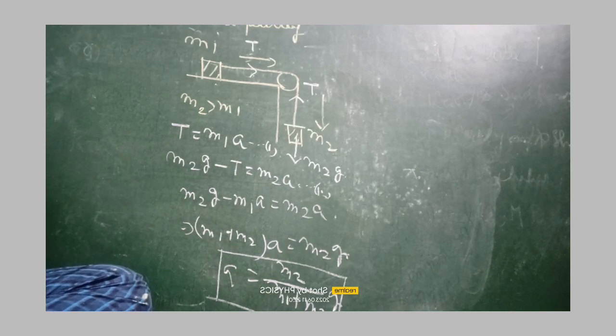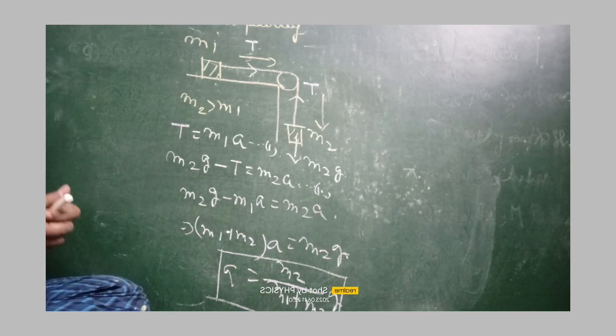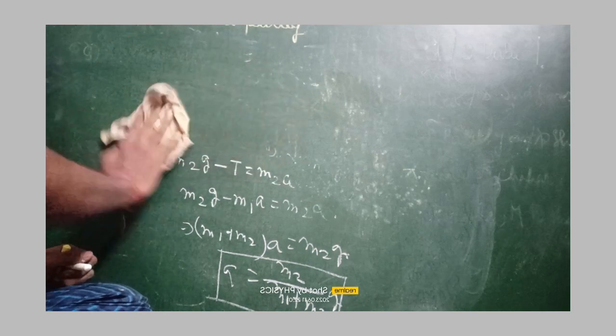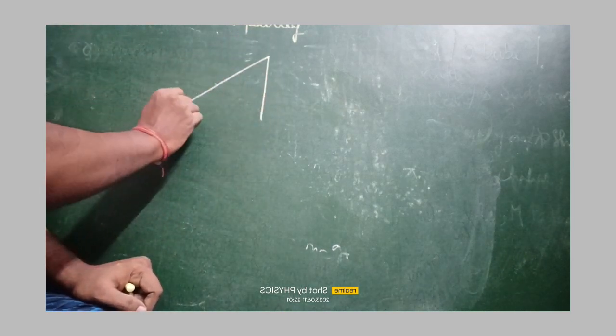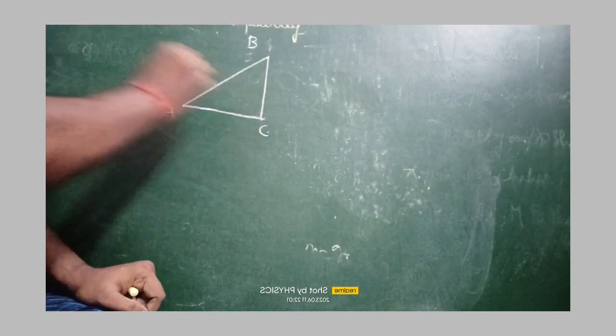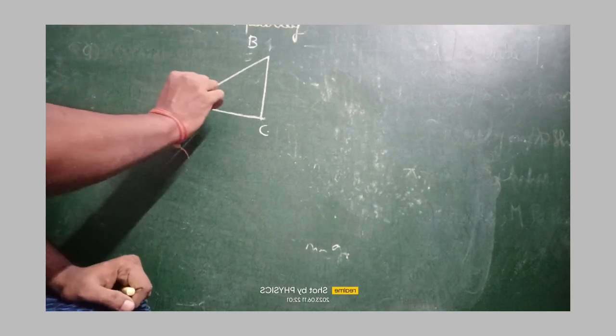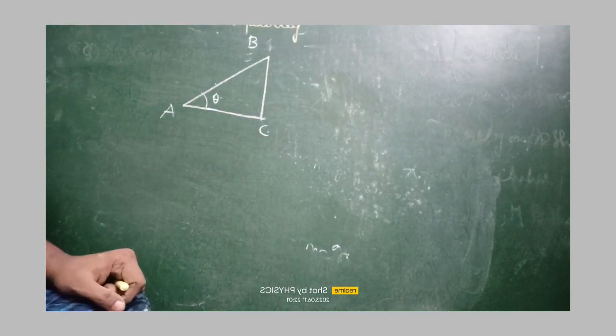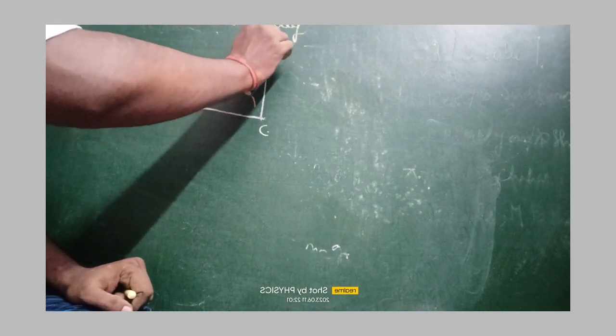Now let's move to the wedge problems. Let's take an inclined plane. Inclined plane is A, B and C, and the inclined plane making the angle theta with the horizon, and here is a pulley.